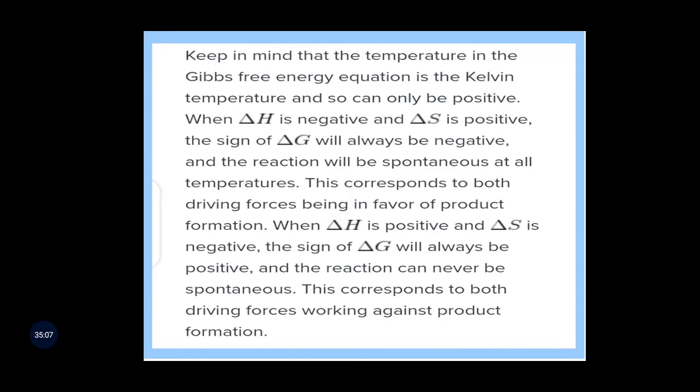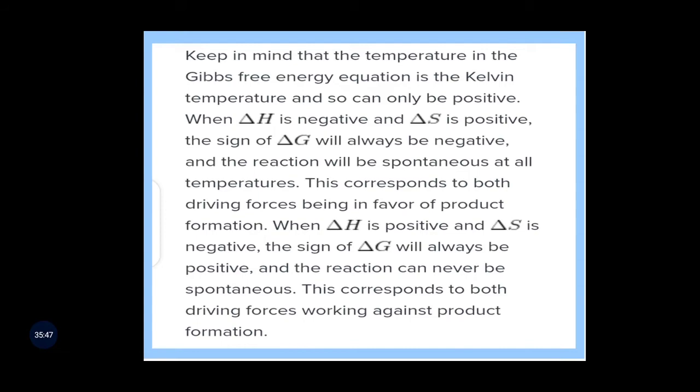Now keep in mind that the temperature in the Gibbs free energy equation is the Kelvin temperature, and so can only be positive. When delta H is negative and delta S is positive, the sign of Gibbs free energy will always be negative. I told you the other time, it's even in that table. Once you have your enthalpy negative and your entropy positive, your Gibbs free energy will be negative and the reaction will be spontaneous at all temperatures.